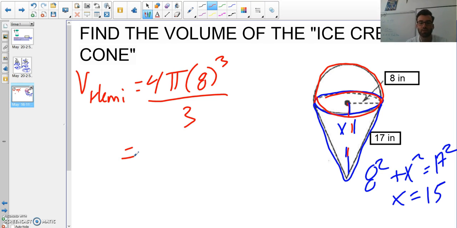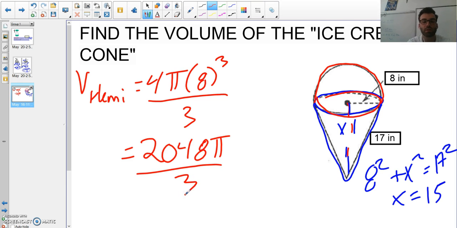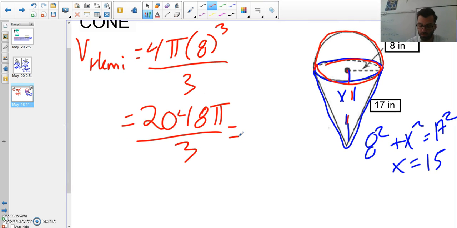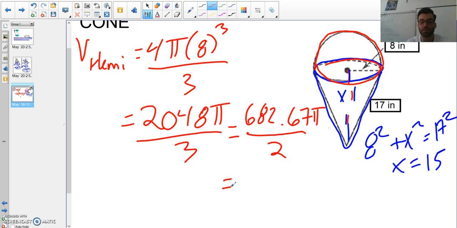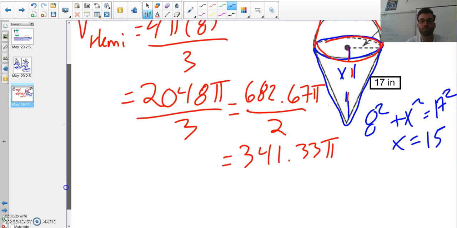So 8 to the third power times 4 is 2048 pi divided by 3 gives you 682.67 pi. Remember, that's the volume as if it were a whole sphere, so I need to divide it by 2 to get the volume of a hemisphere, which is 341.33 pi. That's the volume of your top, your hemisphere.